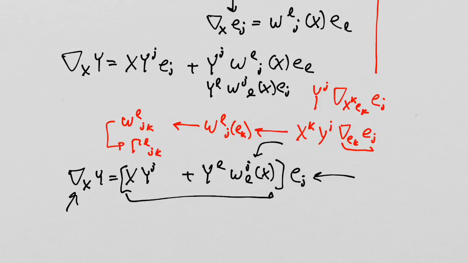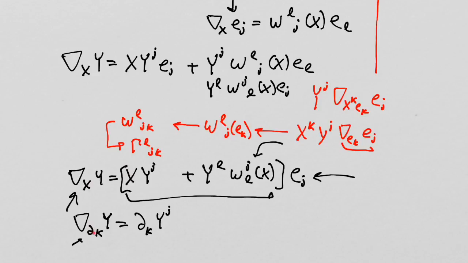So now we just go into the coordinate basis, and we write this like this, del_k. This is now the coordinate basis of Y, which equals, I'm replacing the X with this guy.